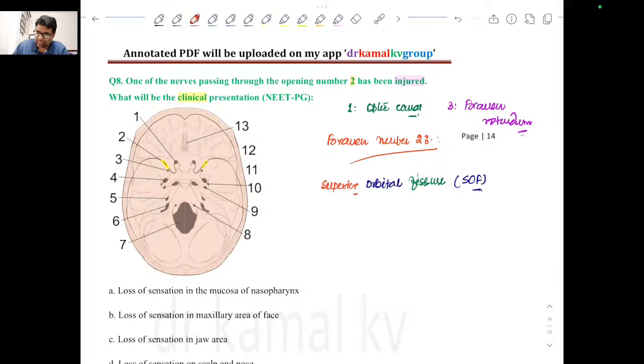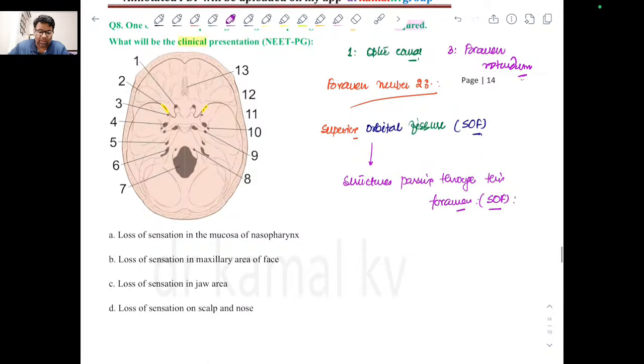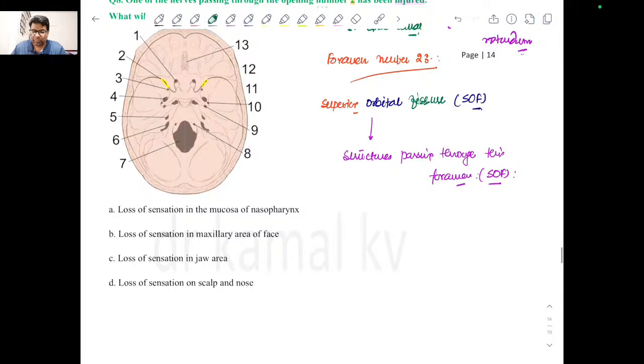Now we have to answer what are the structures passing through this foramen or superior orbital fissure? What are the structures which are passing through superior orbital fissure? Now it is very easy to remember.